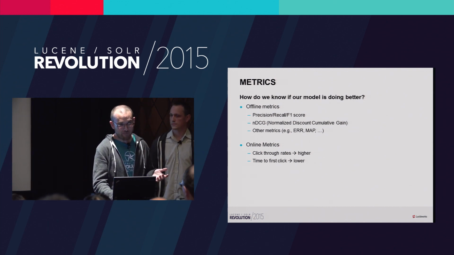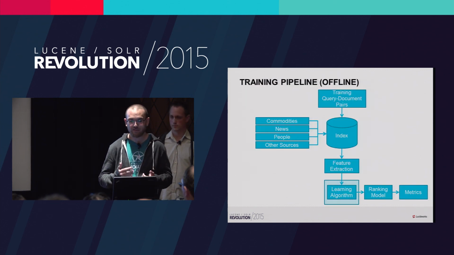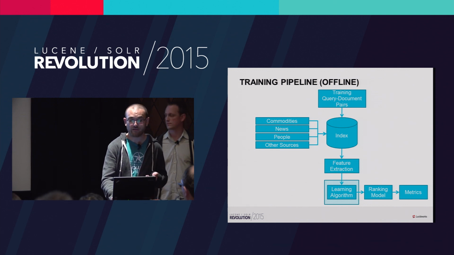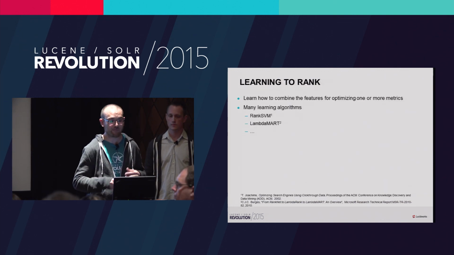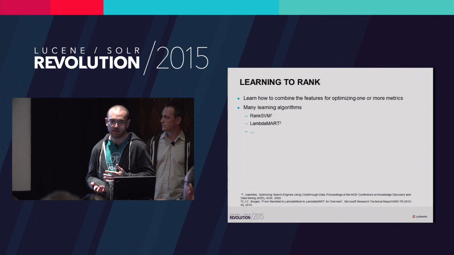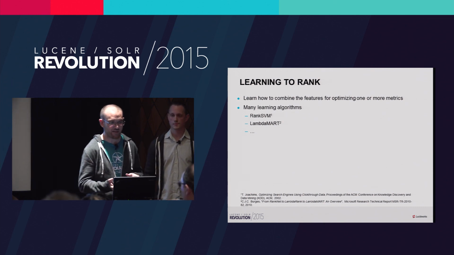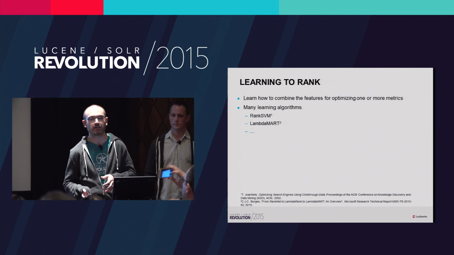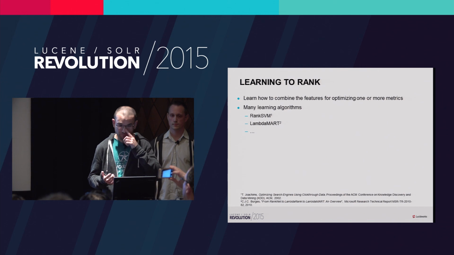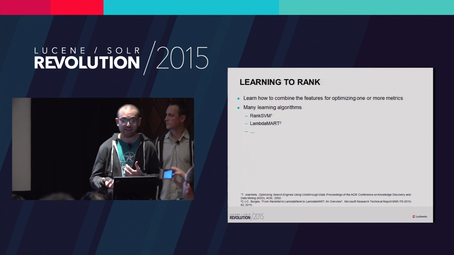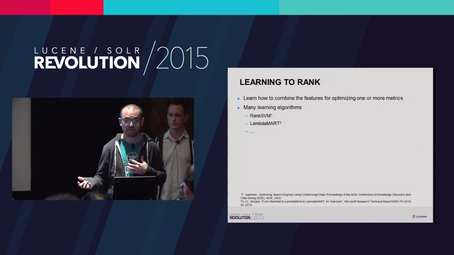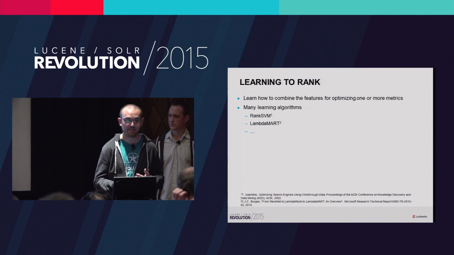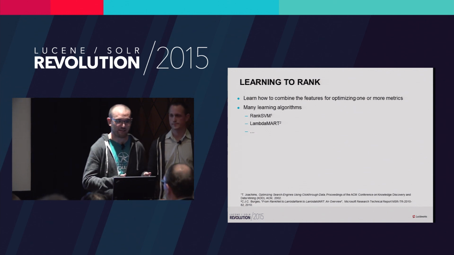So once you are able to measure how your ranking function performs over your training set, you can learn an algorithm. Again, we cannot go into detail here on how this works, but the idea is that given the query, the training set, so the list of relevant and not relevant results, and a metric, there are many machine learning algorithms that learn how to combine the values of the features in order to optimize the value of a metric over the training set.